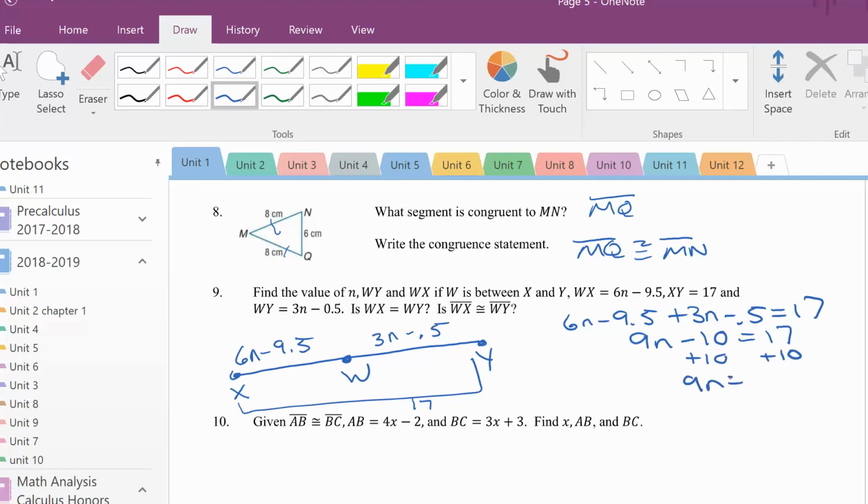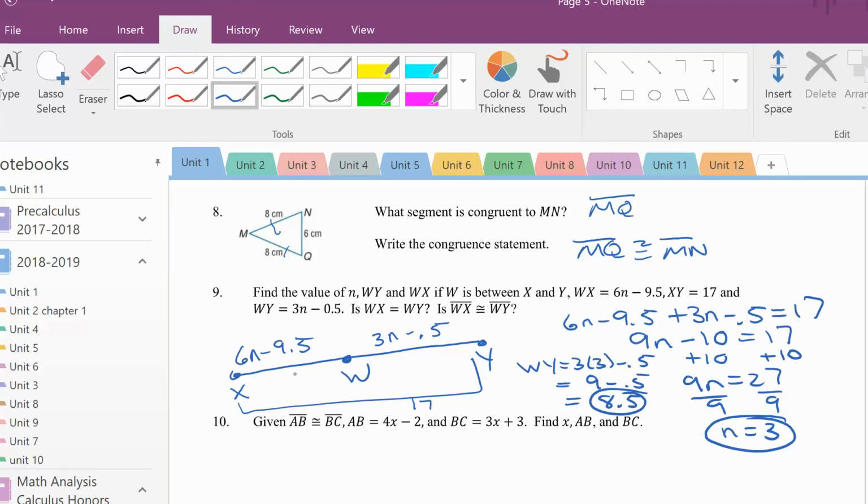So we get 9n equals 27, divide by 9. So n equals 3. And then we have to find WY. So that's 3 times 3 minus 0.5. So that's equal to 8.5.